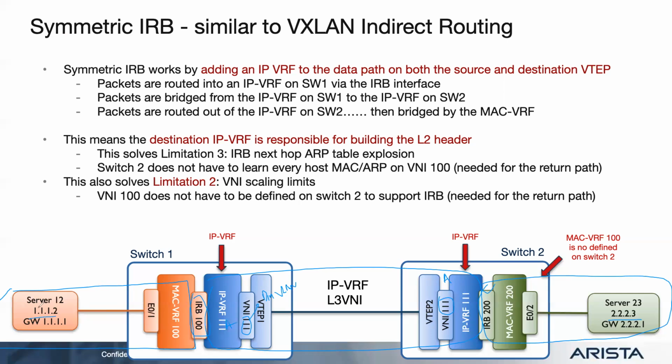So what will happen? Your host will send the packet to the gateway, SVI 100. Now you check the destination IP, that is 2.2.2.3. You will have a route here for destination IP 2.2.2.3, /32 or for the subnet as well.